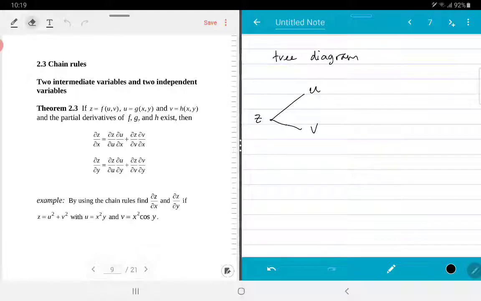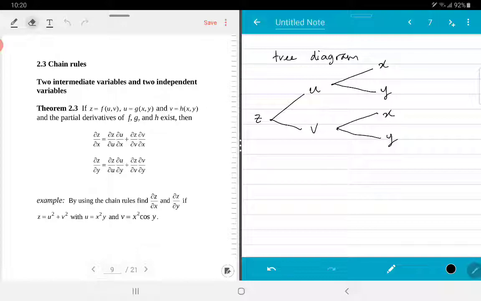So from u here, it branches out to two branches, because u is a function of x and y. And then here we have v is equal to h of x, y. So v here is a function of x and y. So from v, it will branch out to another two branches, x and y.